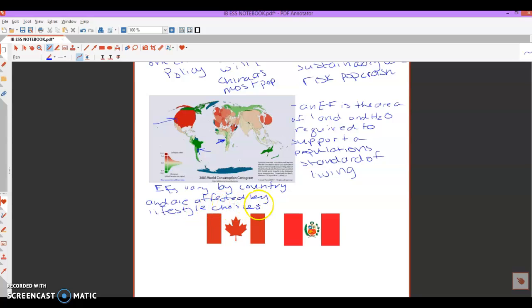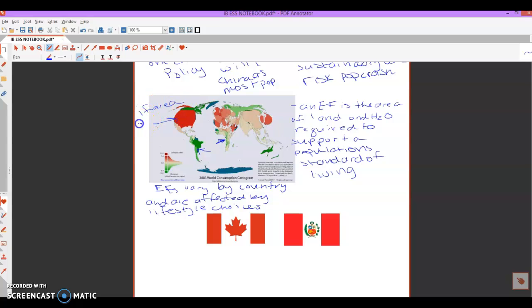Sorry guys, my handwriting is getting really sloppy right here. Okay, so here's the take-home message. If an EF is greater than the land space that the country actually has, that country is being unsustainable. So the United States, are we being sustainable here? Absolutely not.